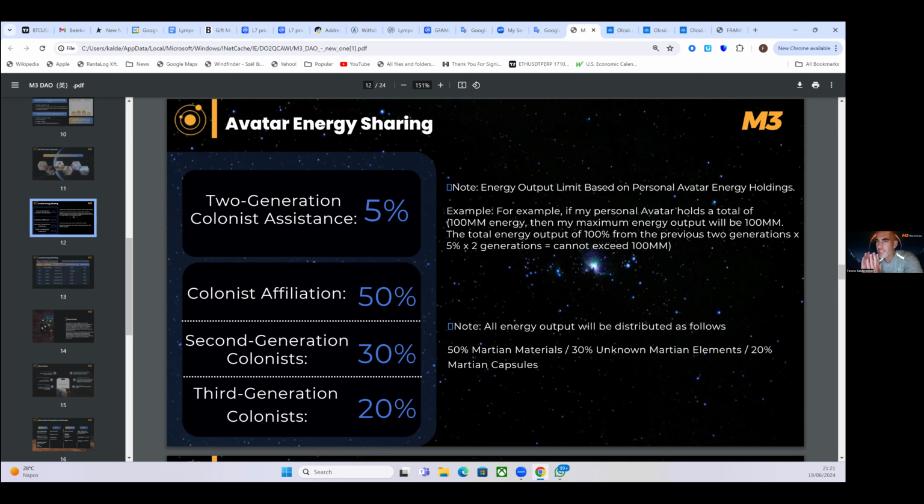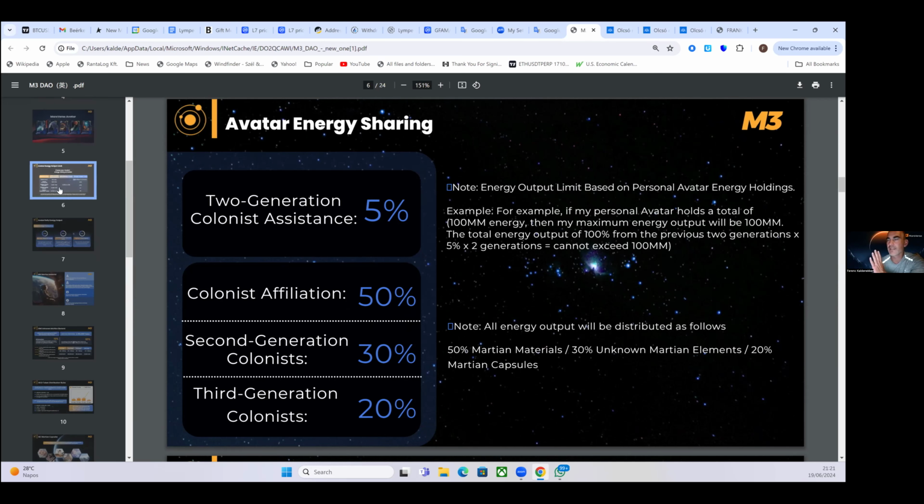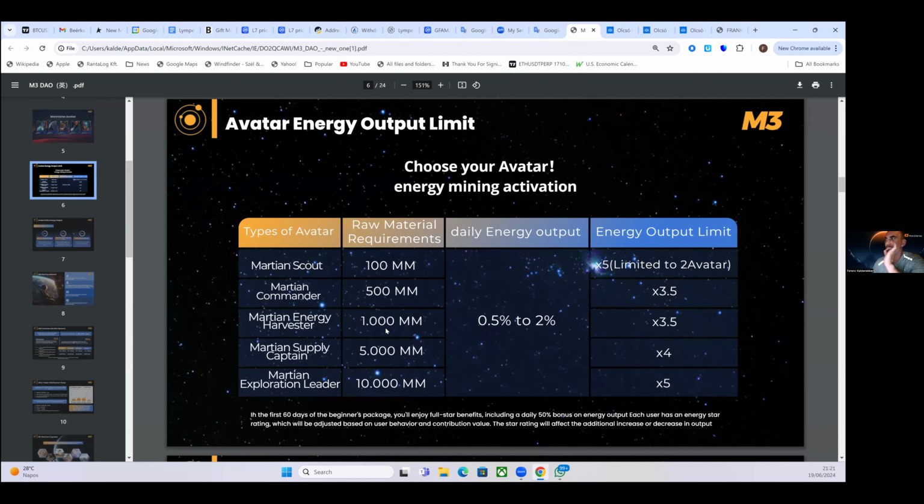But the beauty of this system is that it keeps accumulating. So once someone purchased an avatar, let me go back to the avatar sheet. Someone purchased the avatar, for example, 1,000. There is an energy output limit.